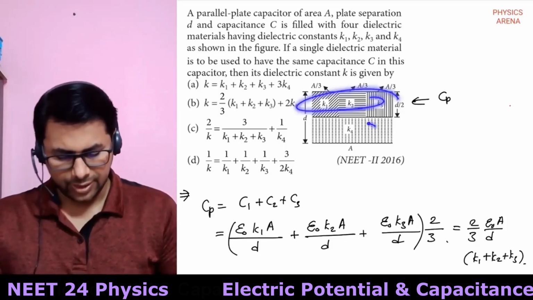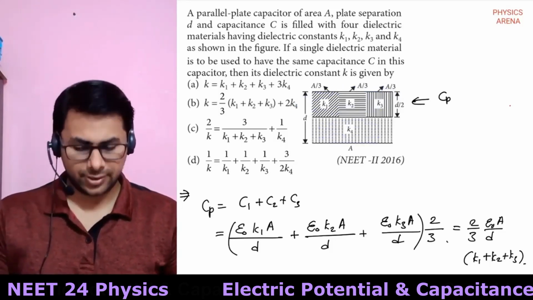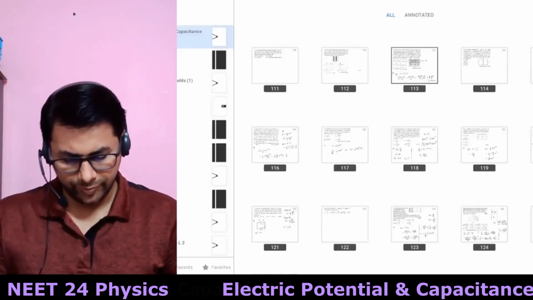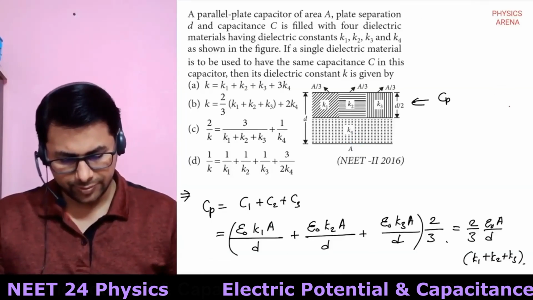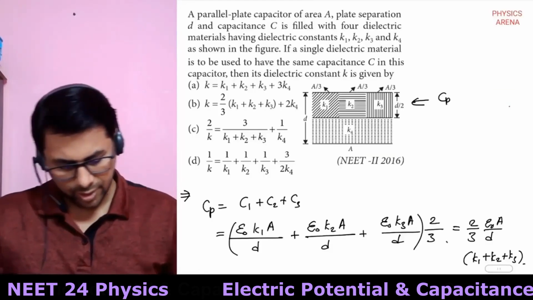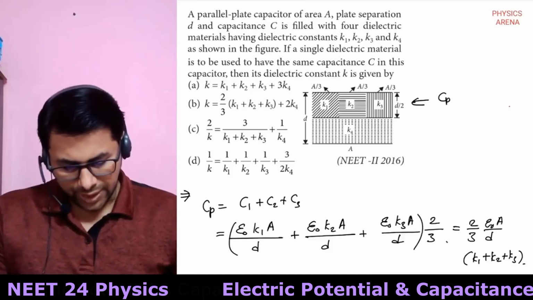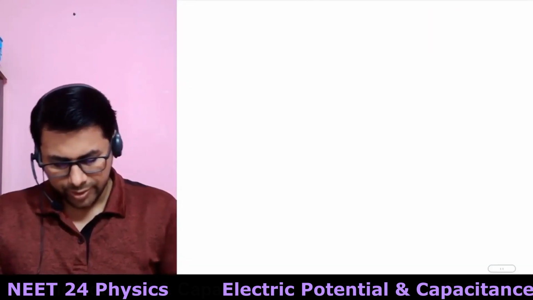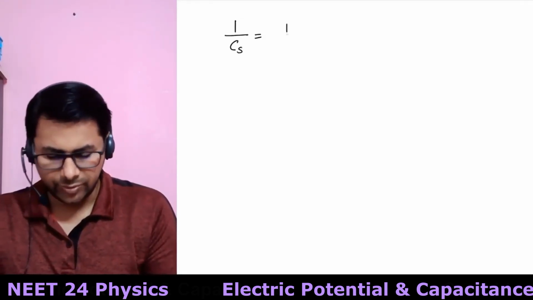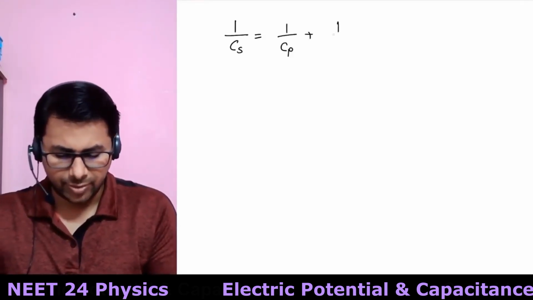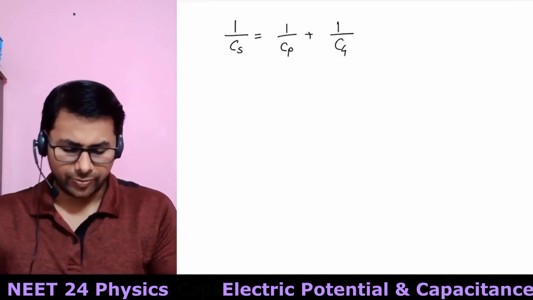Then this one and this one are in series. So how much is that capacitance? It's C4. So 1 upon Cs is equal to 1 upon Cp plus 1 upon C4.